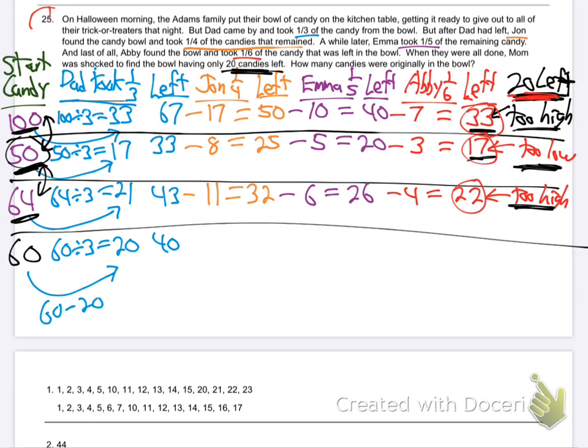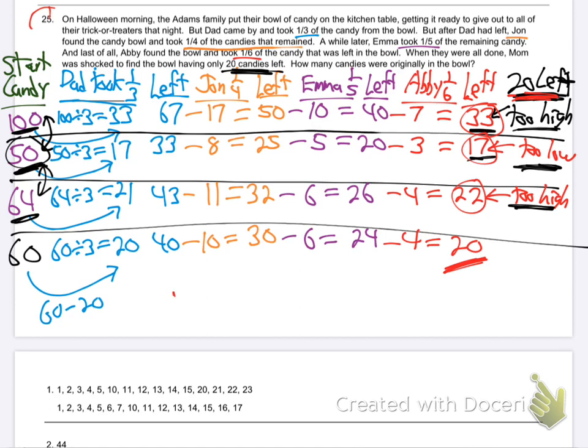And then John takes a fourth. That would be 10. That leaves 30. Then Emma takes a fifth. That would be 6 and leaves 24. And then Abby takes a sixth of those. 24 divided by 6 is 4. Leaves 20. Perfect. There it is.